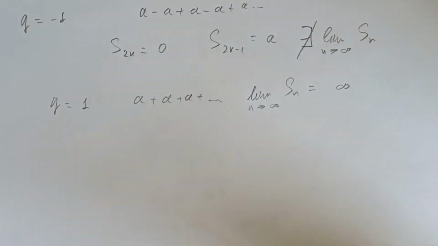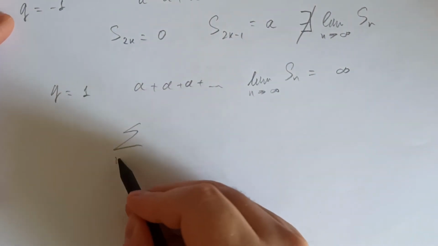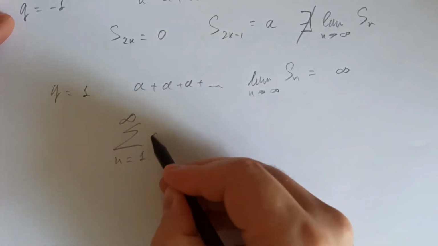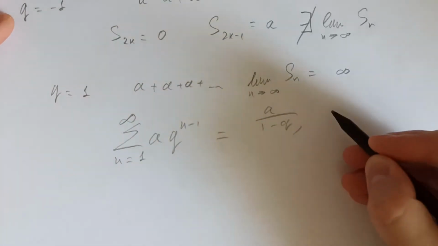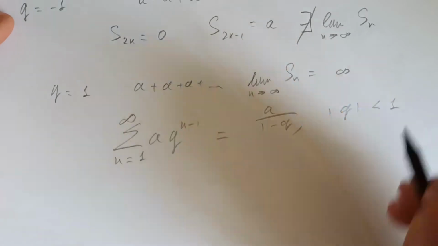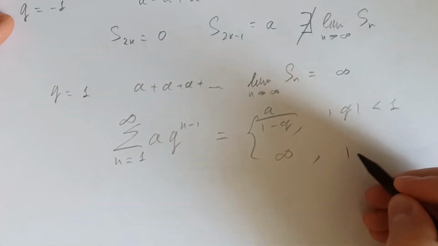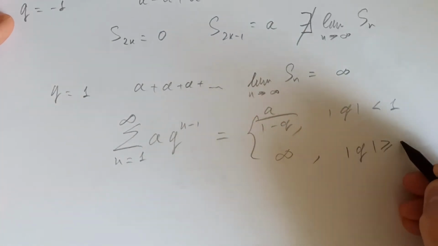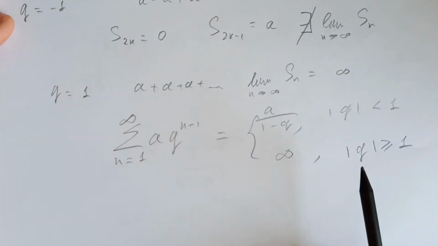So we have only one case out of the 4 considered when this series converges. So sum n from 1 to infinity of aq to the power n minus 1 is a divided by 1 minus q when the absolute value of q is less than 1, or infinity when the absolute value of q is greater than or equal to 1. This series won't converge in any case other than this one.